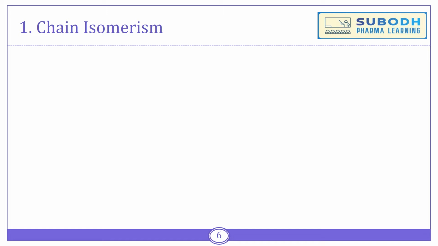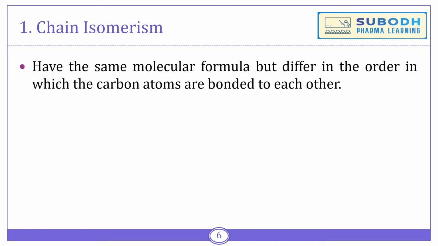Now we will see the first type of structural isomerism, that is chain isomerism. In chain isomerism, the chemical compounds have the same molecular formula but differ in the order in which carbon atoms are bonded to each other.